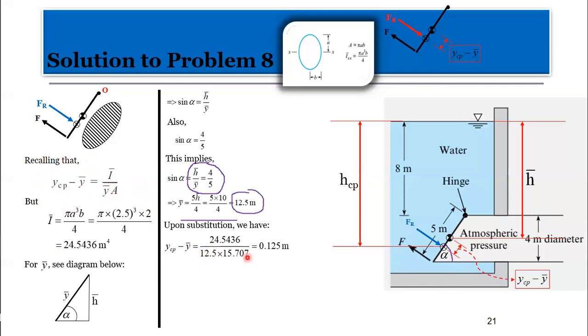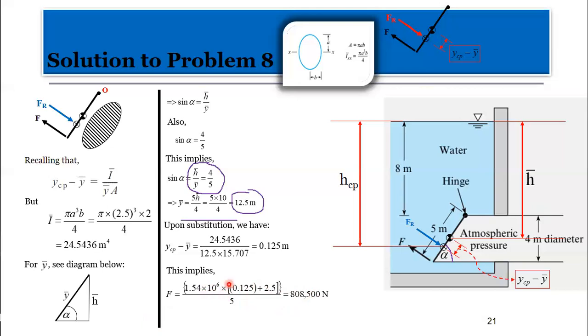So when I do that, I'll get my YCP minus that to be 0.125, right? So with this value, I will now be able to substitute into my force equation that we derived earlier. Remember the YCP minus the Y bar was here. So with that, we end up having this.